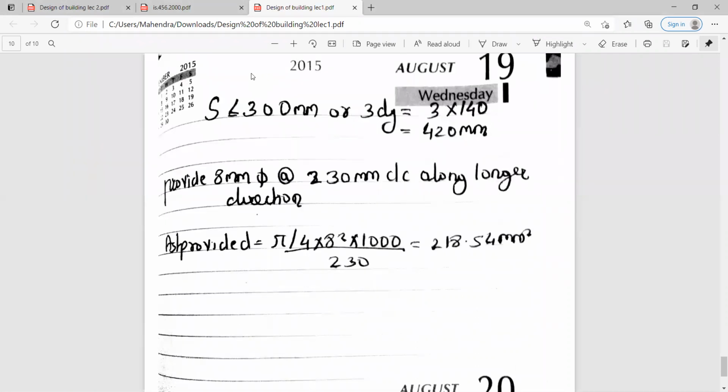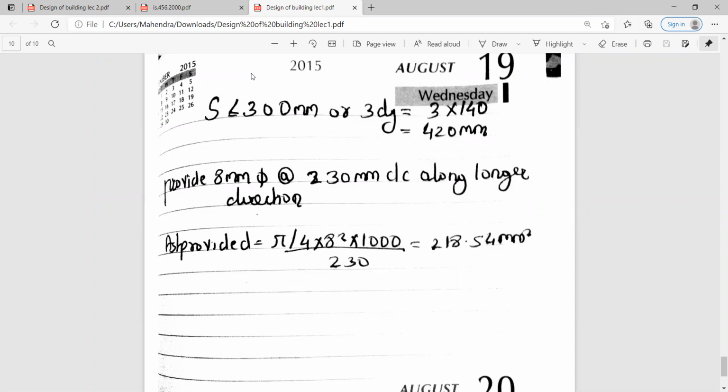Dy is nothing but the effective depth for the longer direction, that we had got as 140. So 3 into 140, that is 420 mm. So your spacing should be less than all these values. So already you had got the spacing, that is 230 mm center to center. So here your design is safe for the spacing. So you can provide 8 millimeter phi at the rate of 230 mm center to center for the longer direction.